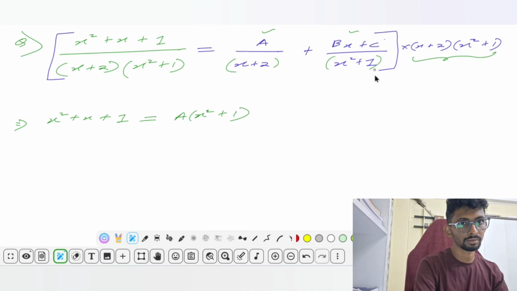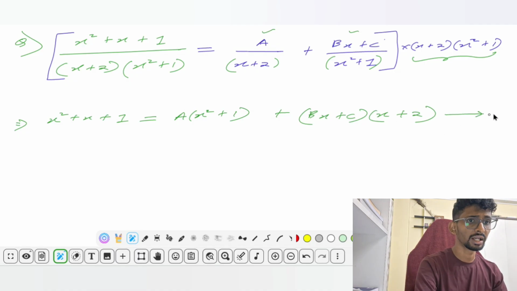For the last term, x square plus 1 will get cancelled and we will be left with bx plus c times x plus 2. Let this be equation 1.